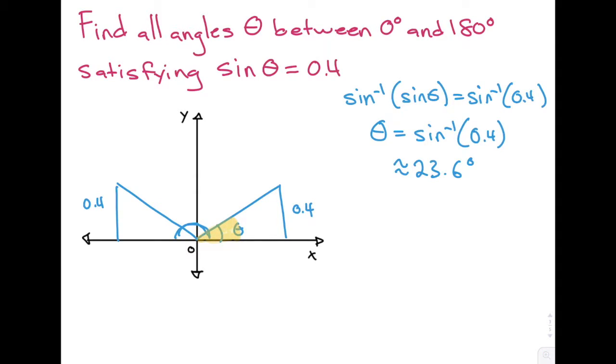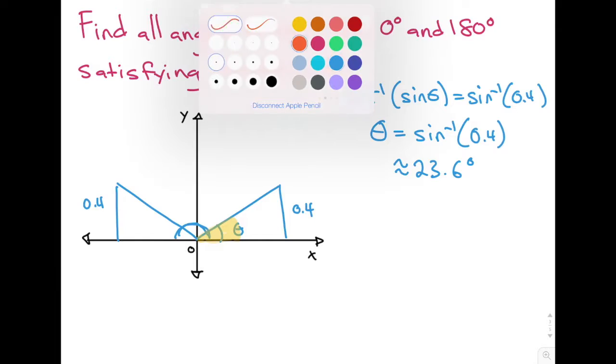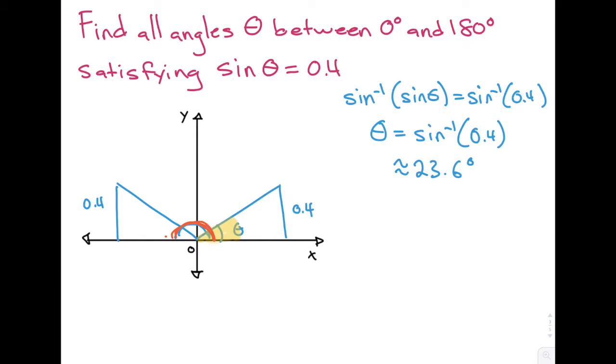Of course, we do see that we have another angle for which we need to solve. So how do we get this other angle here?